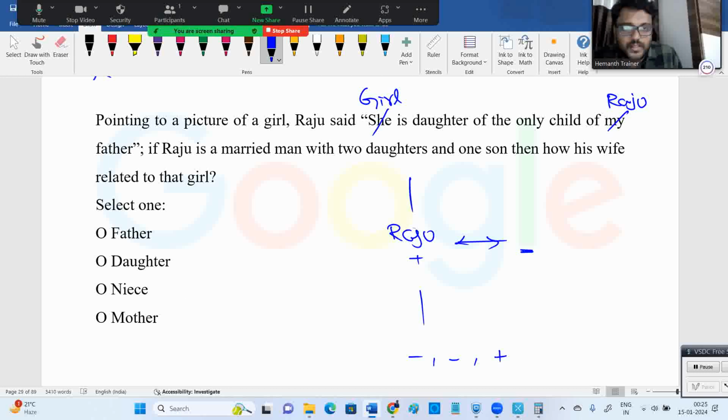Raju's father's only child means Raju, daughter, maybe this girl or this girl. Right, so how is his wife related to that girl? His mother. Only child of Raju's father means Raju only. Only child of my father means me. Right.